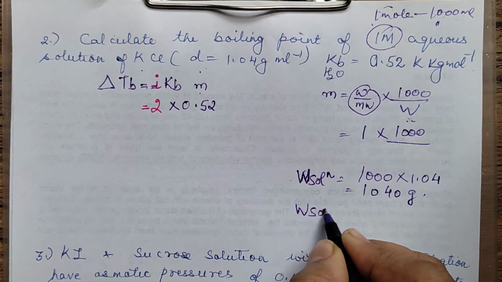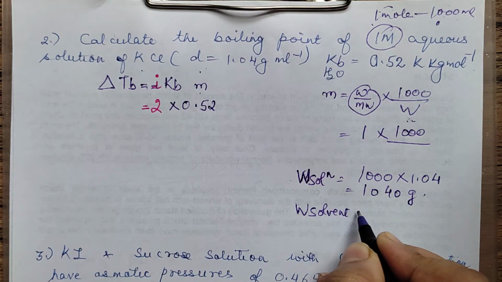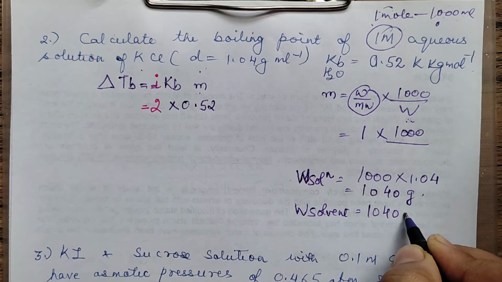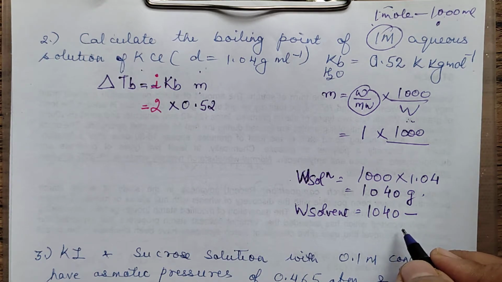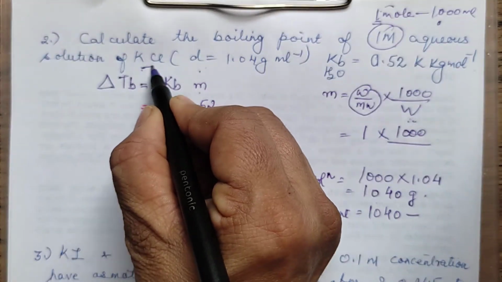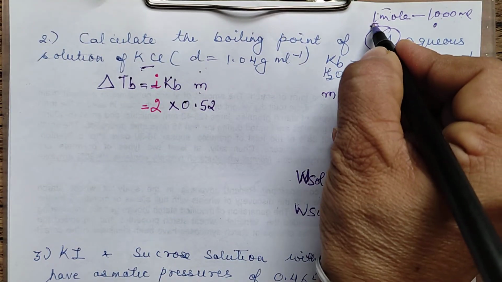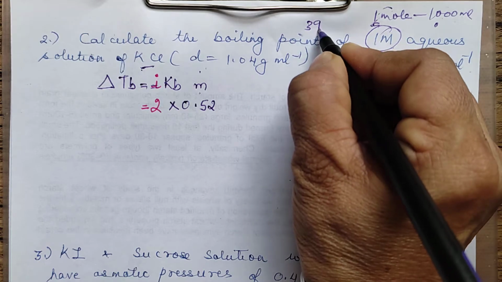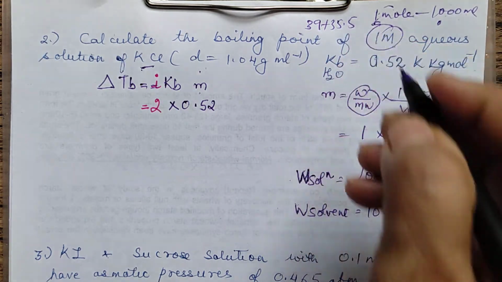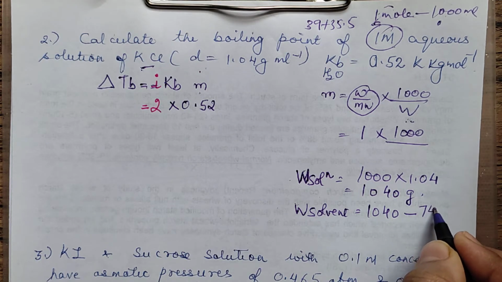Okay, so now we need to use the weight of the solvent. So what is the weight of the solvent? Weight of the solvent is equal to weight of the solution, that is this, minus the weight of the solute. What is the weight of the solute? 1 mole of potassium chloride was present. What is 1 mole of potassium chloride? It is 39 for potassium and 35.5 for chlorine. So that means 74.5.